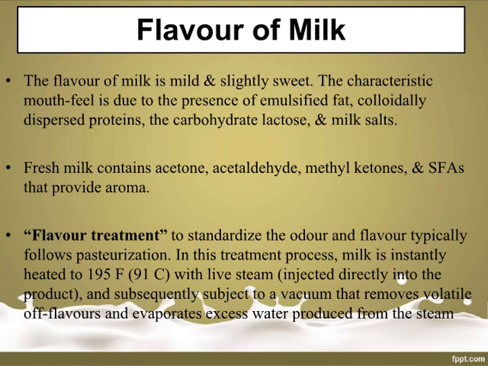In this treatment process, milk is instantly heated to 195 F, 91 C, with live steam injected directly into the product, and subsequently subjected to a vacuum that removes volatile off flavors and evaporates excess water produced from the steam.